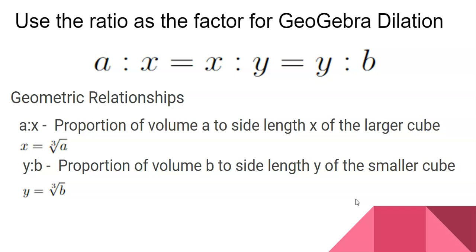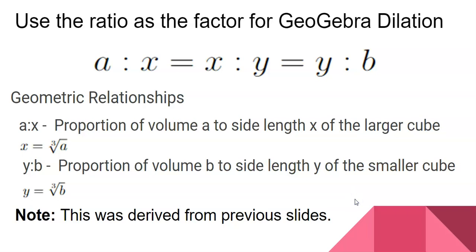Hence, side length is the cube root of the volume, right? However, considering the arithmetic proof provided in the third video, x and y being side lengths seems invalid. So this needs a call for further study and research.